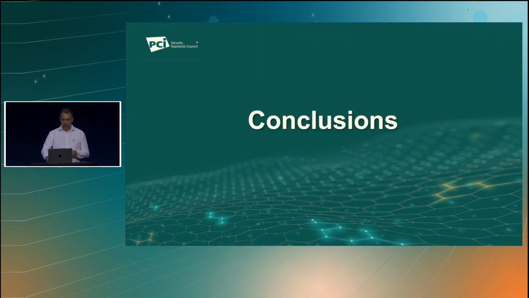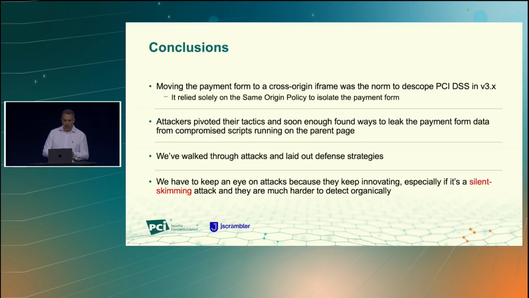So I'm getting to the final slides of the presentation. Historically, we have used the iframing of the payment form. Usually, the motivation was to descope the merchant environment from PCI DSS in version 3, and it leveraged the same origin policy, so it created the isolation. Naturally, attackers, when faced with obstacles, they evolve.